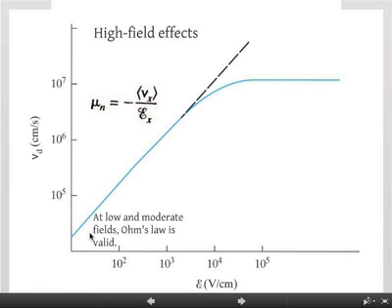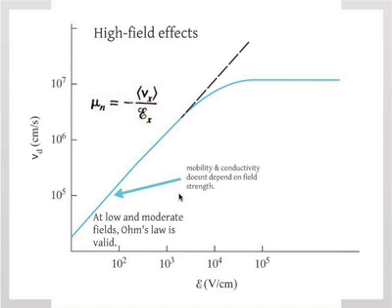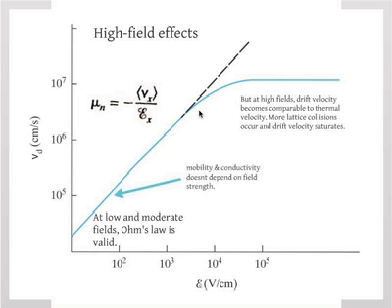Basically what this is saying is that at low fields, mobility is a constant. It doesn't depend on the field. At high fields, it depends on the field and basically saturates. So mobility and conductivity don't depend on field strength at low fields, so it's a straight line. At high fields, the drift velocity becomes comparable to the thermal velocity, which means that, remember, the electrons are jiggling around because of the thermal effect.